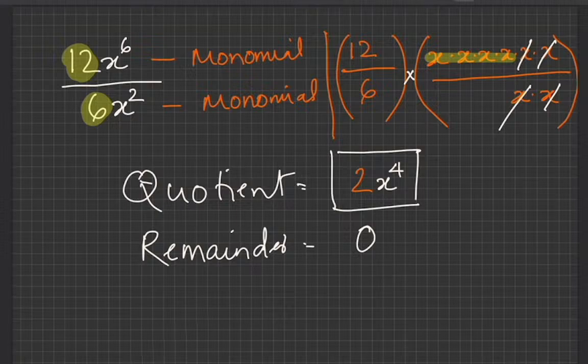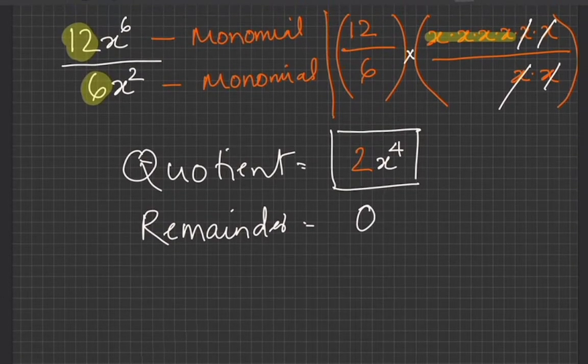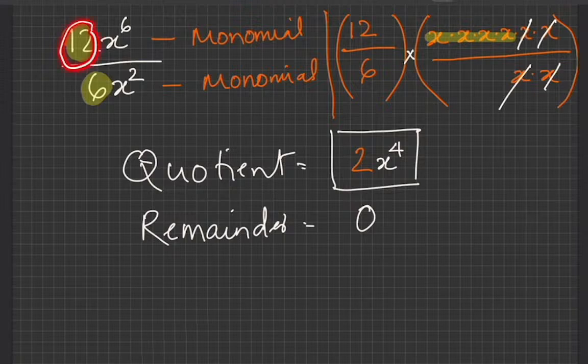Just a few things that you need to observe. We have a constant here and their sign, and both are monomial terms. We just use the same rules of division. It would have been just 12 divided by 6, so it is 6 times what? 6 times 2 is 12.